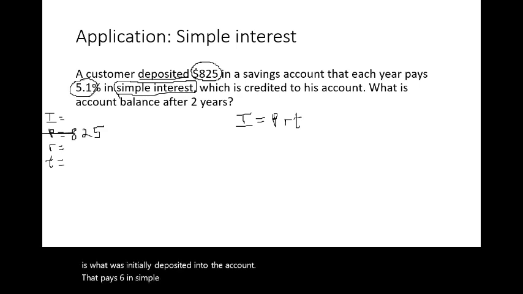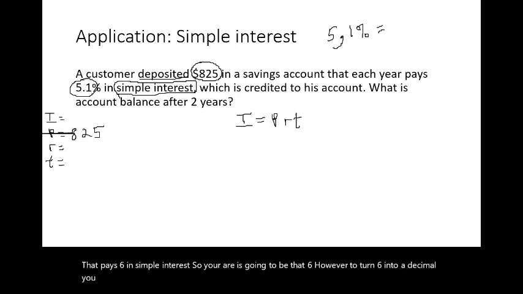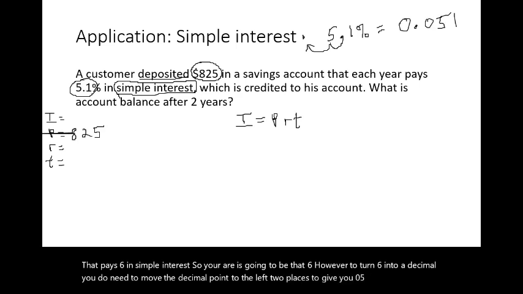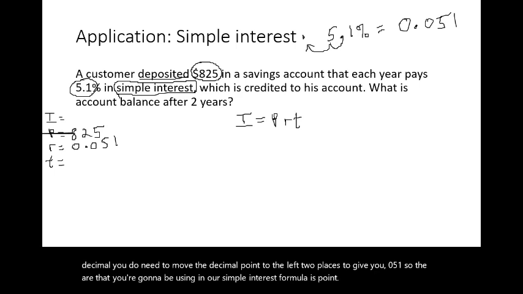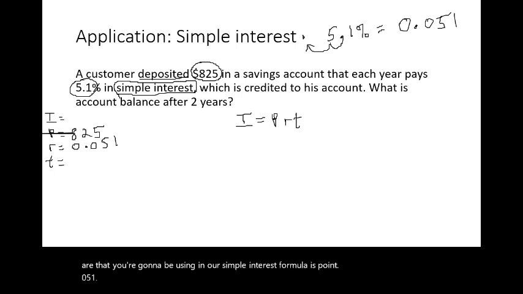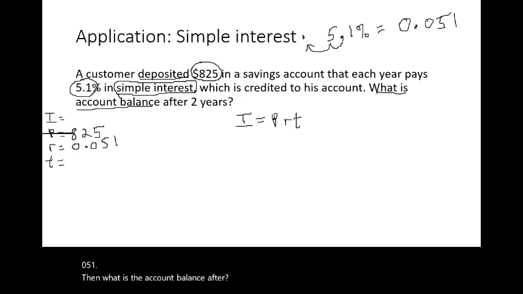So your R is going to be that 5.1%. However, to turn 5.1% into a decimal, you do need to move the decimal point to the left 2 places to give you 0.051. So the R that you're going to be using in our simple interest formula is 0.051.